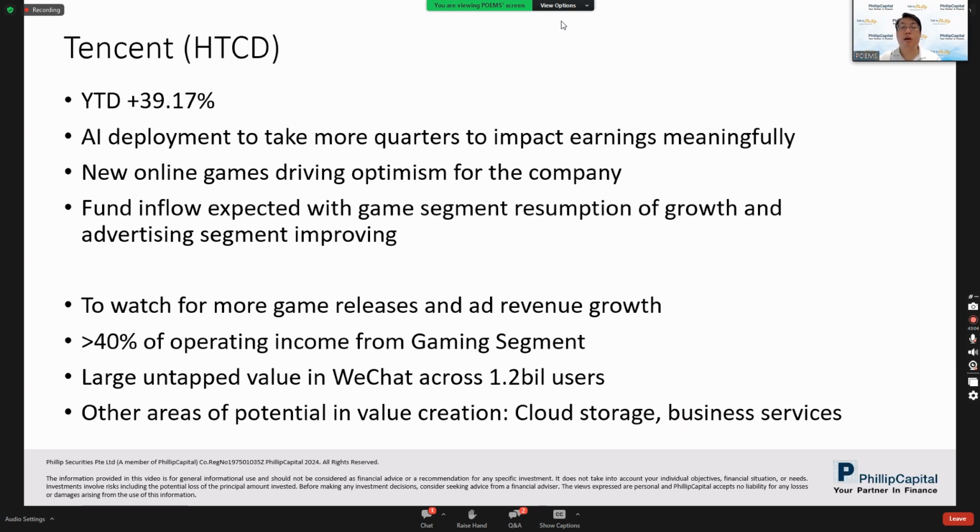And of course, other than cloud storage itself, Tencent also has different business services potential, mainly through the advertising side, where they can monetize their network effect to reach stronger advertising revenue itself.